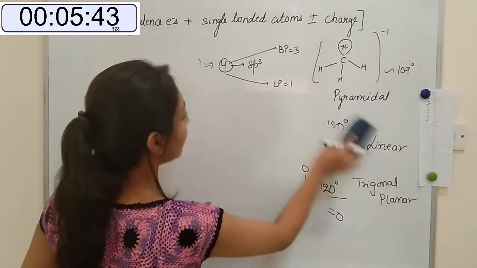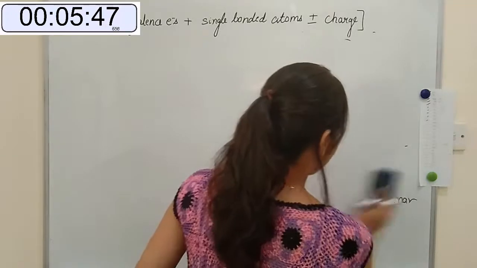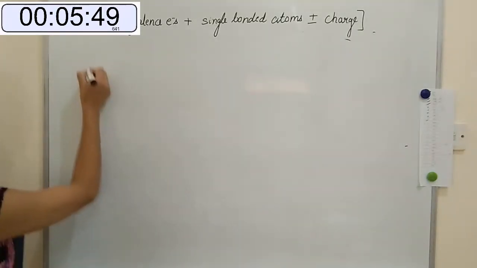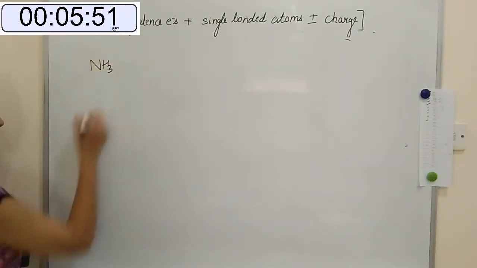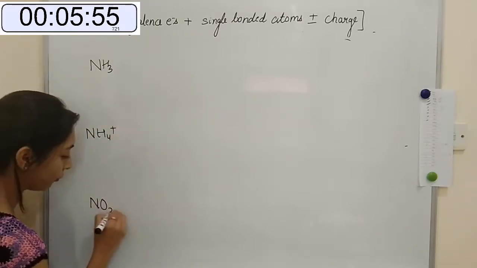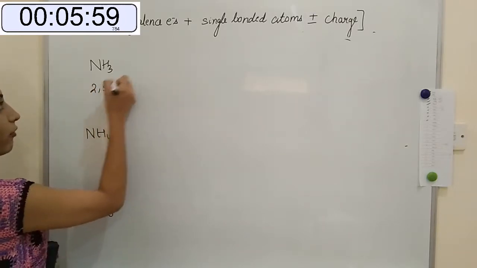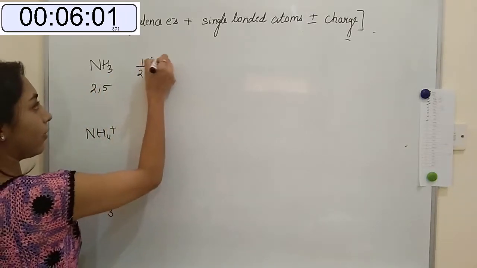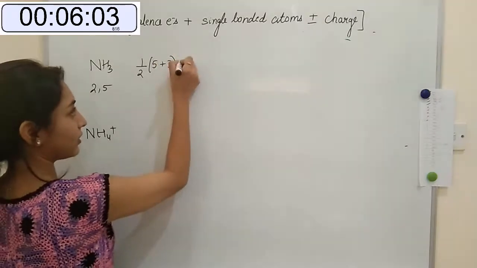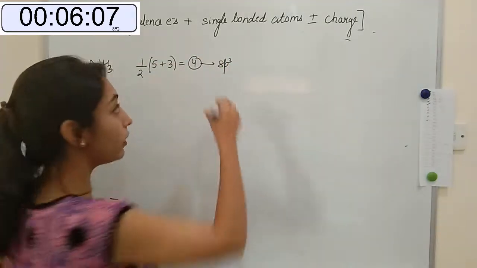Now let me see the list to write more molecules. We have NH3, we have NH4 plus, we have NO3 minus. Okay, let's continue. So nitrogen is 2, 5, so half. 5 plus 3, which is 4. 4 means sp3, but be careful.